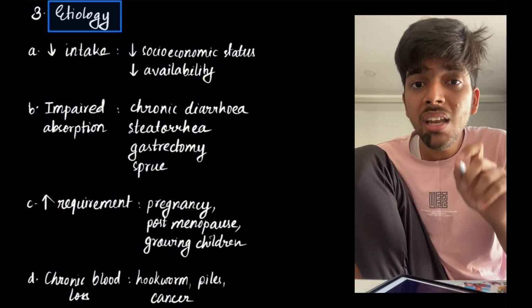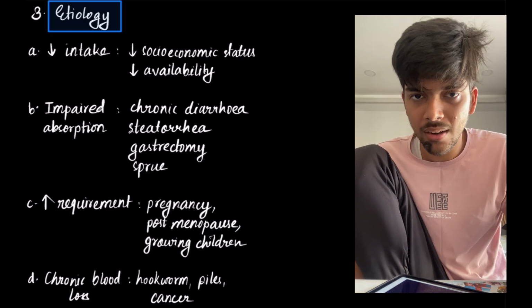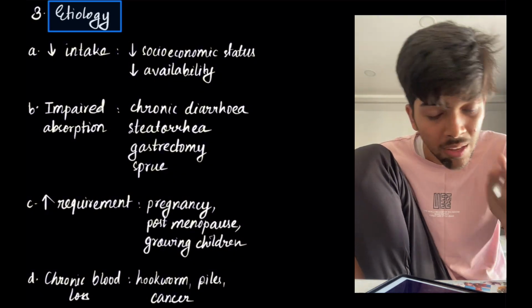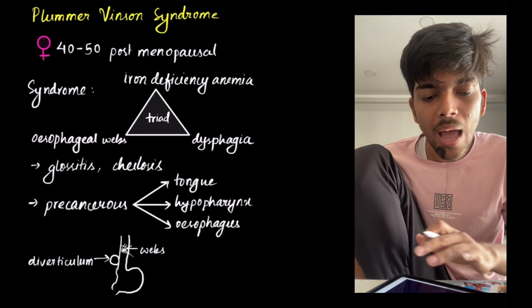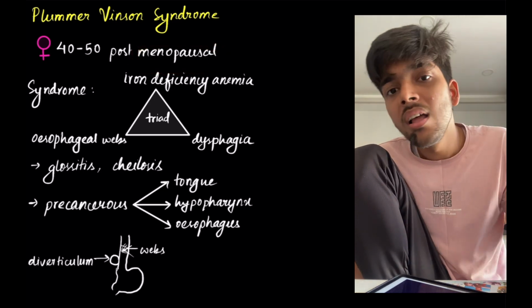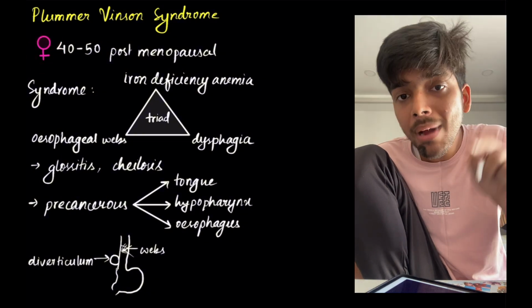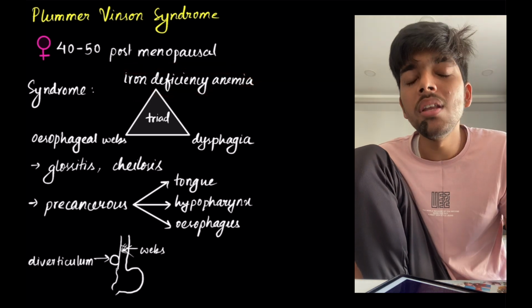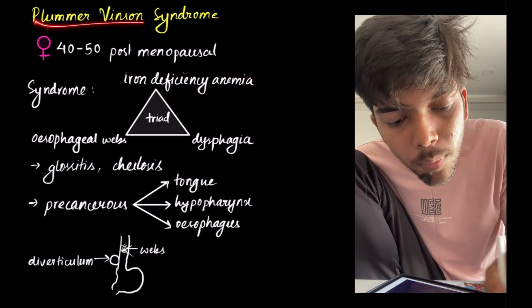As a result, the requirement is not fulfilled by the regular intake of iron. The normal intake is not enough. And this is seen in post-menopausal women as well. What happens after menopause is the requirement of iron increases. As a result, the iron demand of the body may not be fulfilled in women, and she might suffer from iron deficient anemia. Along with iron deficient anemia, some other clinical features are also seen, and this forms the Plummer-Vinson syndrome.